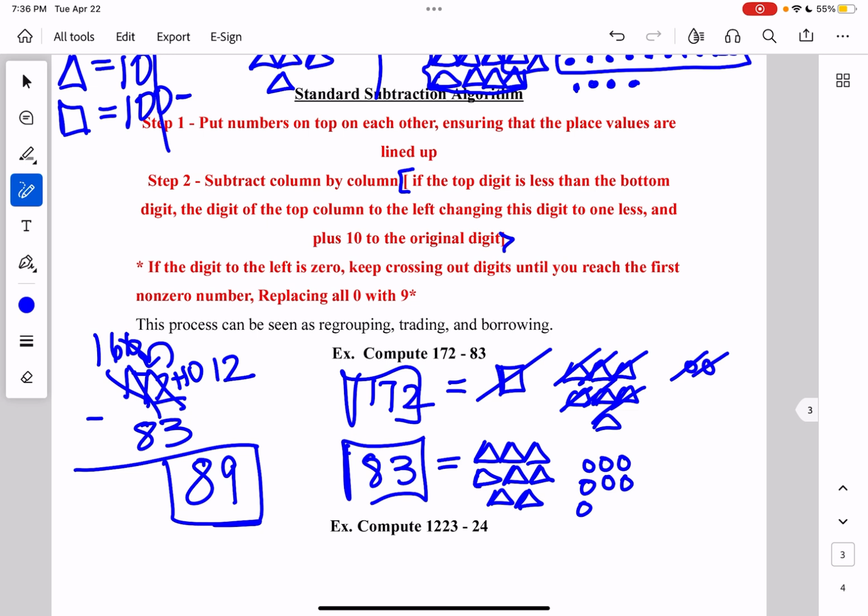We're going to remove these just so it's easier for you guys to tell. So you use this and you'd get 89.